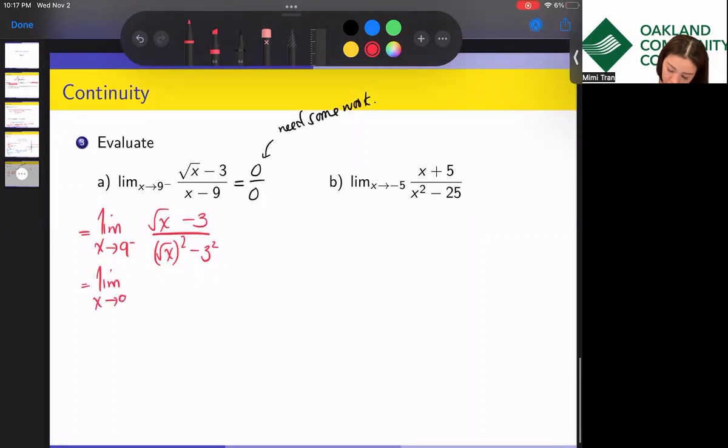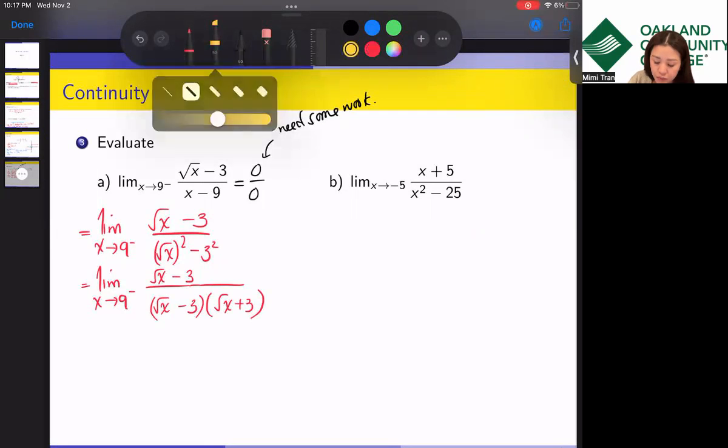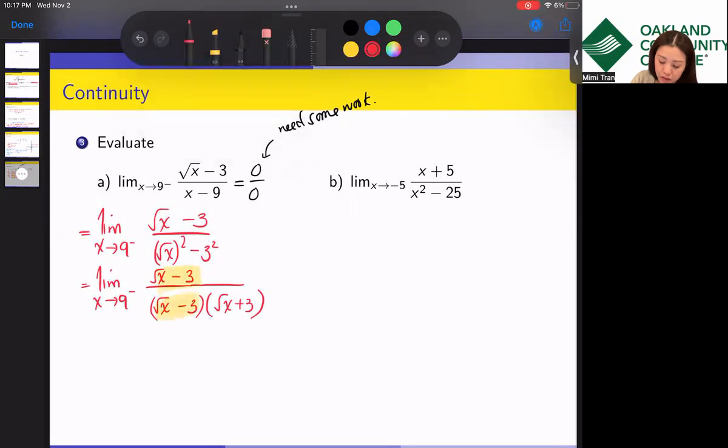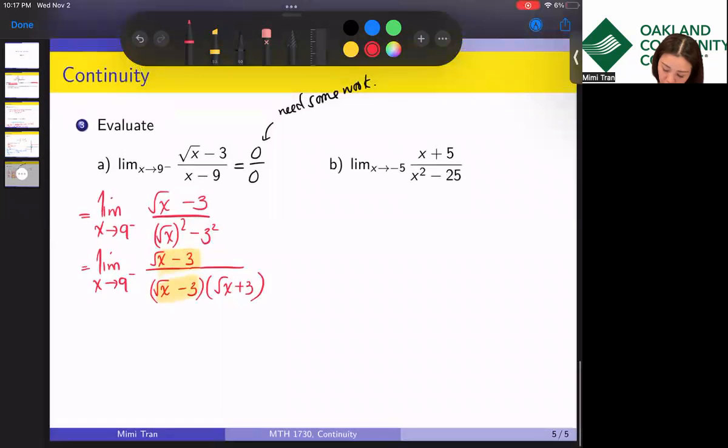By the way, you're going to keep rewriting the limit. I know it feels redundant, but it's necessary. Square root of x minus 3 over, as a difference of squares, square root of x minus 3 times square root of x plus 3. And then you can cancel that with that, right? So now I have the limit as x approaches 9 from the left of 1 over the square root of x plus 3.